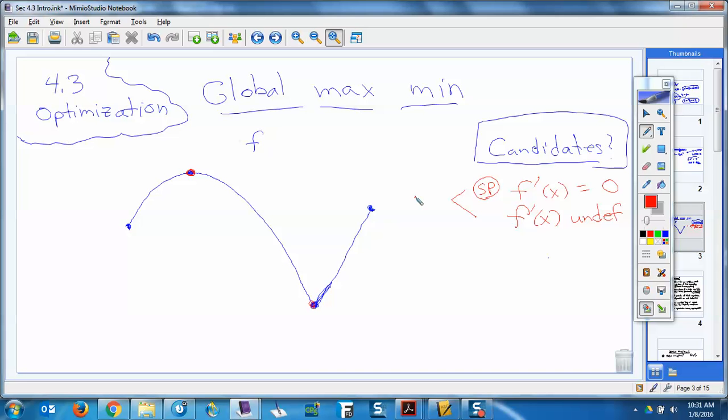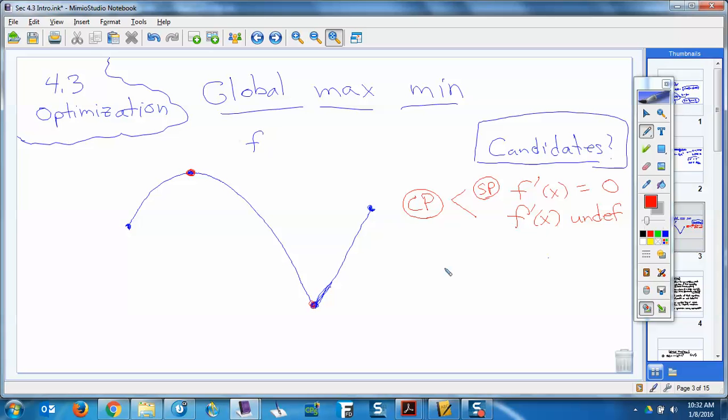Critical points. Critical points are those two together. A critical point is where the derivative is 0 or the derivative is undefined, one or the other. A stationary point is just wherever the derivative is 0.